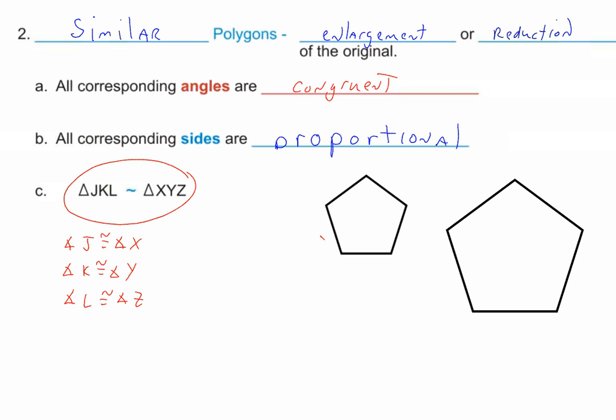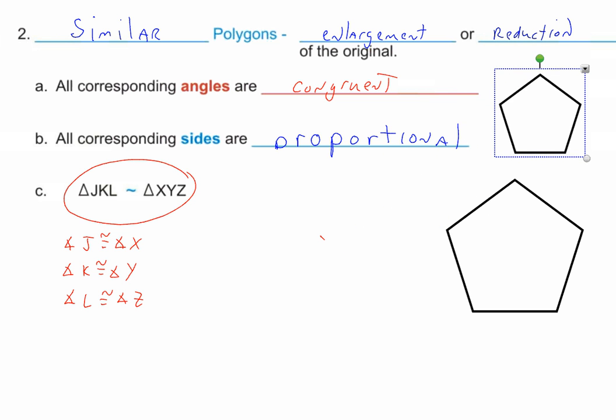Now, how do you do proportional? And I'll show you. Proportional are numbers, so we don't use the line segment symbol over top. Whenever you give the two endpoints, you mean the distance if there's no symbol. So, for example, if I go JK, I mean how long is line segment JK?